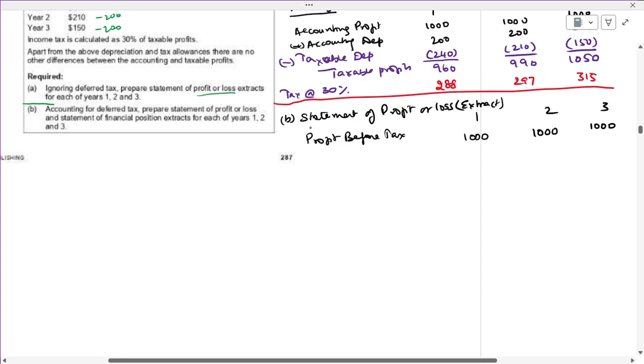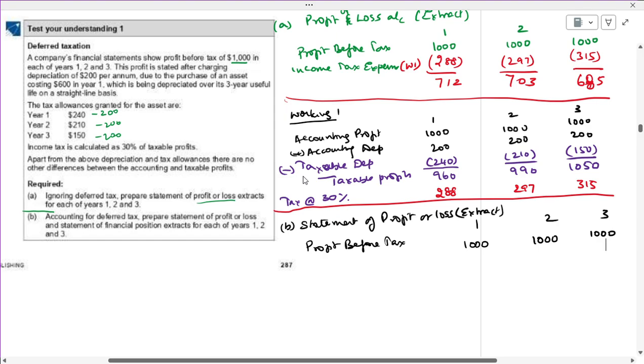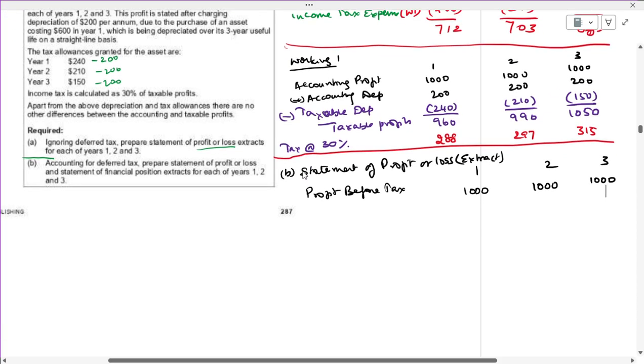Now, how much is the income tax expense? At the rate of how much? 30%.